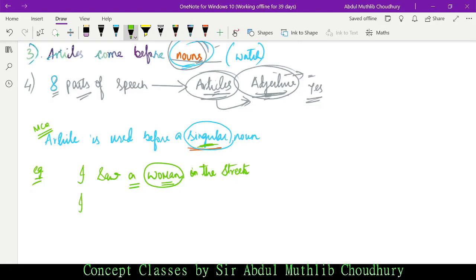Let me use an example using an. I saw an elephant. If you pronounce this elephant, you pronounce this as eh. So how does it sound? It is a vowel sound. So use an. I saw an elephant in the street.